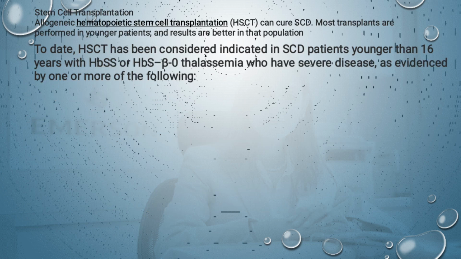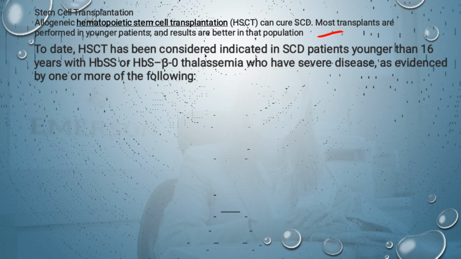Okay, then finally we have what we call stem cell transplantation, specifically the allogeneic hematopoietic stem cell transplantation, which is HSCT, which can actually cure SCD. Then most transplants are performed in younger patients, and results are better in that population.